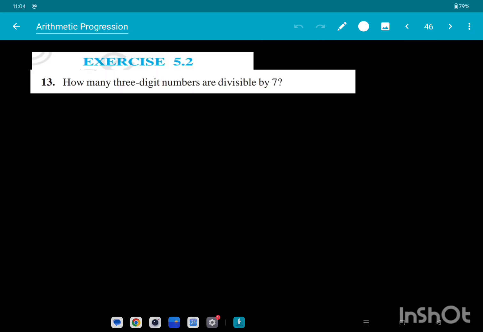Next question: how many 3-digit numbers are divisible by 7? So here we need to find the 3-digit numbers divisible by 7. What is the first 3-digit number? It is 100. Is it divisible by 7? No, it is not. So what is the first number which is divisible by 7?